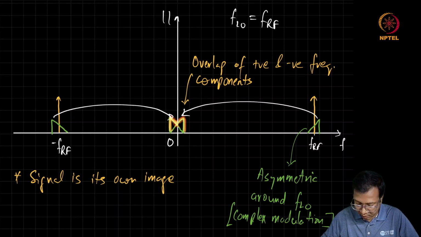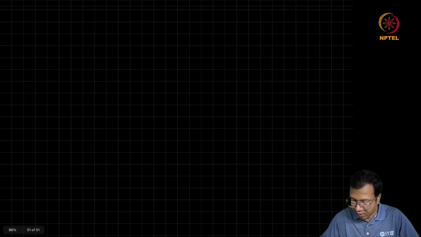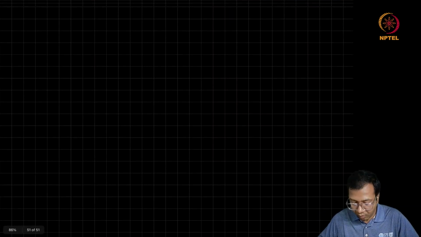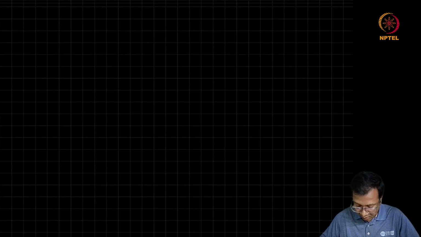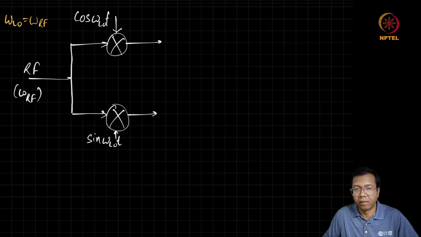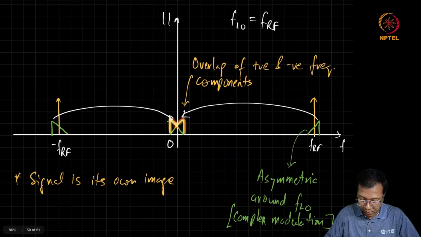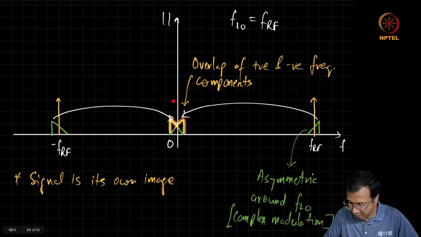So what we can do is, instead of doing a multiplication with a single LO, we will do quadrature mixing. Their outputs are first filtered by a channel select filter, and in this scenario we can see that this channel select filter will be just a low pass filter.